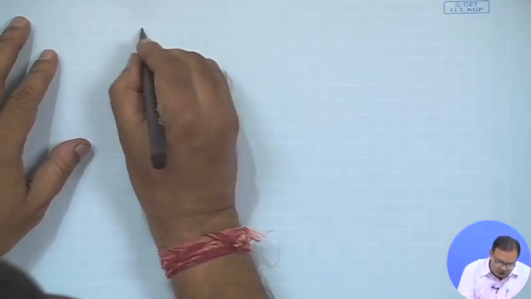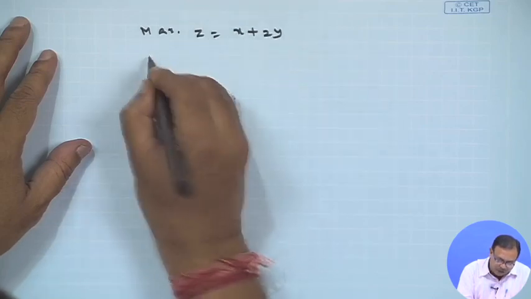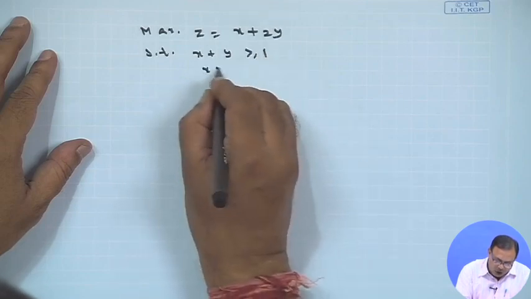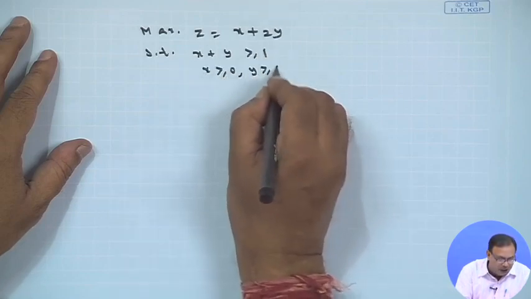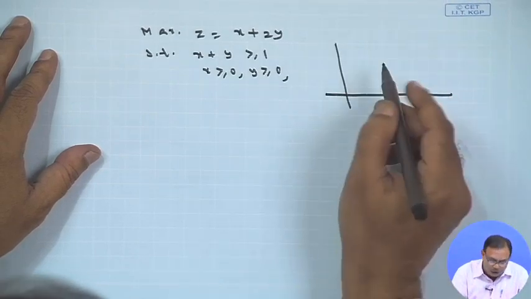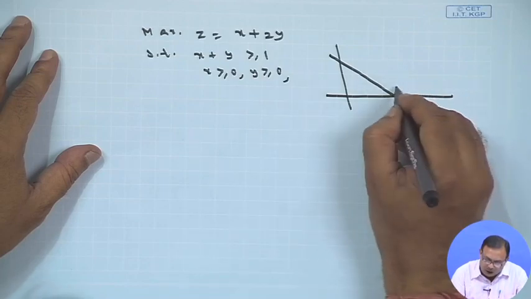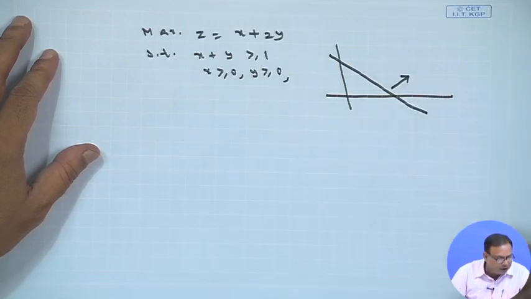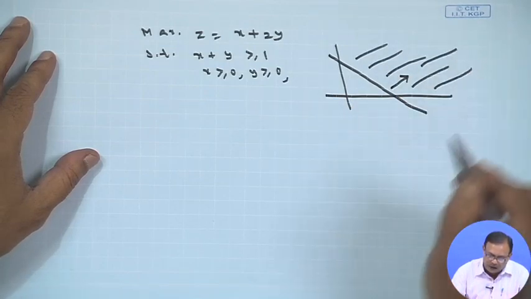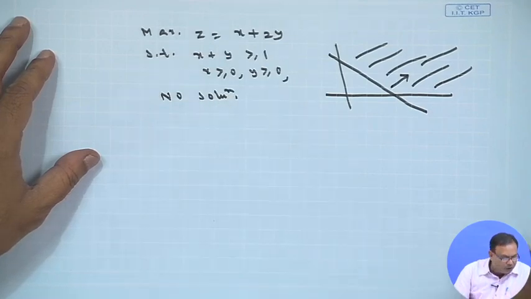If you consider this one, say maximize Z equals x plus 2y, subject to x plus y greater than or equal to 1, x greater than or equal to 0, y greater than or equal to 0. So, if you try to draw your x plus y something like this, it is greater than or equal to 1, which means the direction is this one. So, your feasible region is unbounded. Therefore, this problem has no solution.